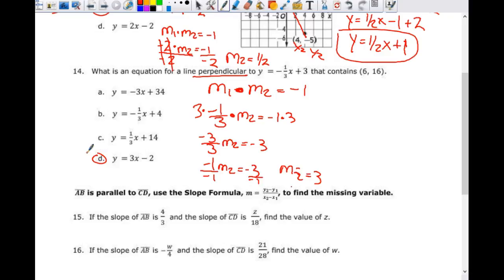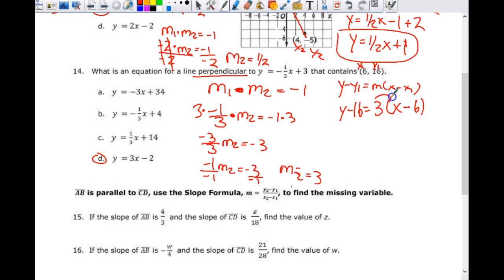We could probably figure out the answer already, but let's plug it into our point slope form. Y minus y1 is equal to m times x minus x1. This is our x1, this is our y1. Y minus 16 is equal to 3 times x minus 6.